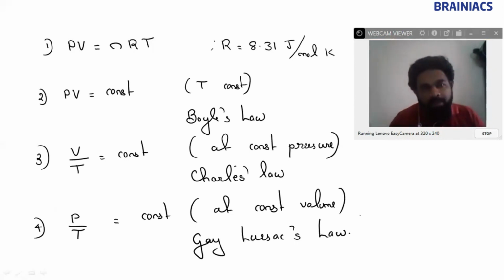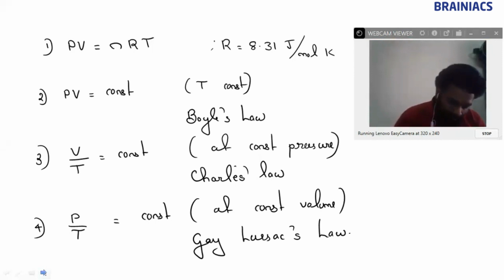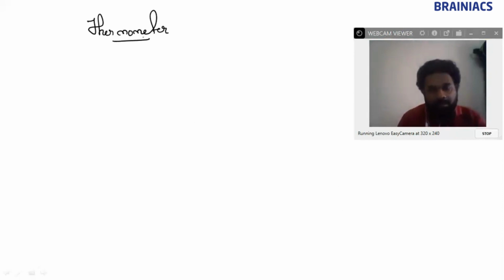The combination of the second, third, and fourth laws put together gives the ideal gas equation or ideal gas law, PV is equal to nRT. Then for thermometers, using this law, thermometer-based questions can also come.